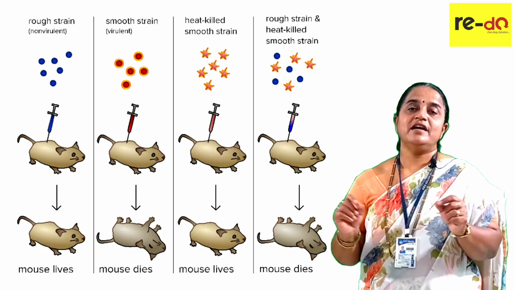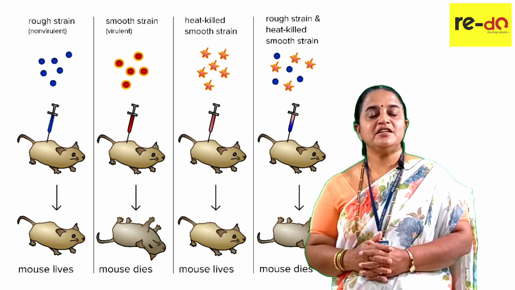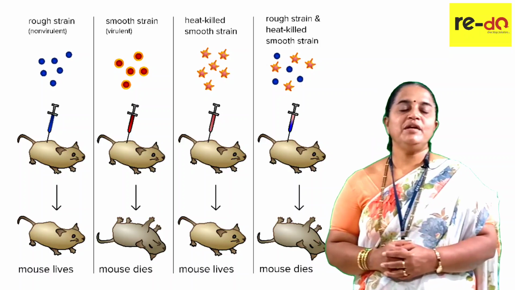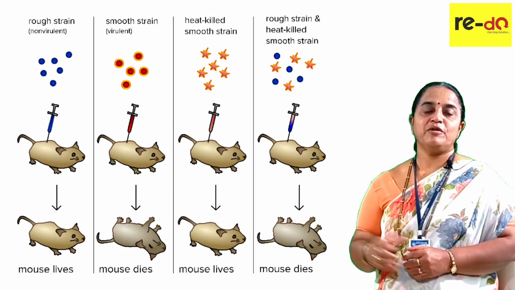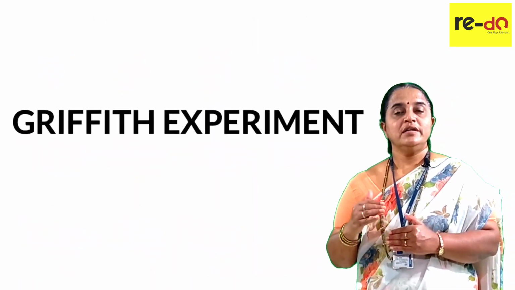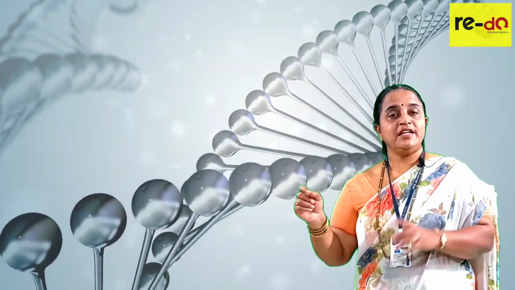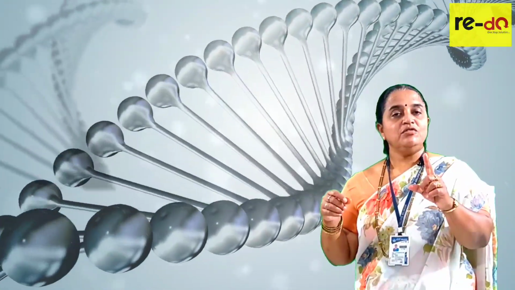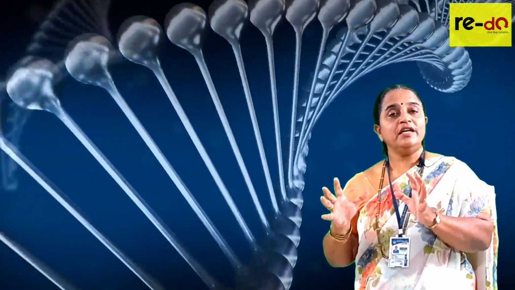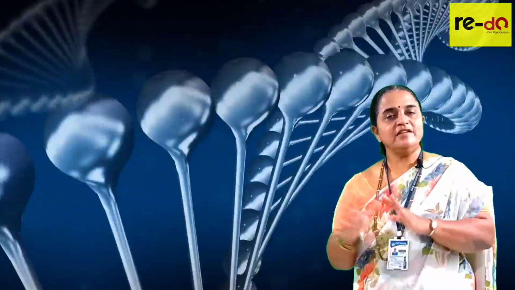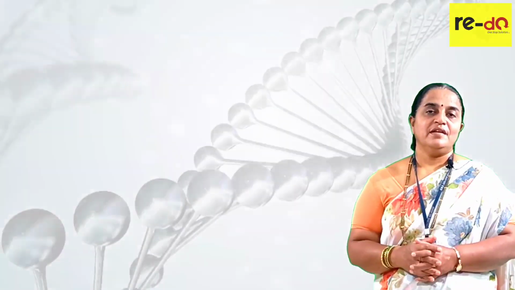He just said that there is a transformation in bacteria. So there is a chemical responsible for this transformation. This is called Griffith's experiment to prove the genetic nature of DNA. But here he was not aware of the DNA molecule. He just showed there is a transformation.